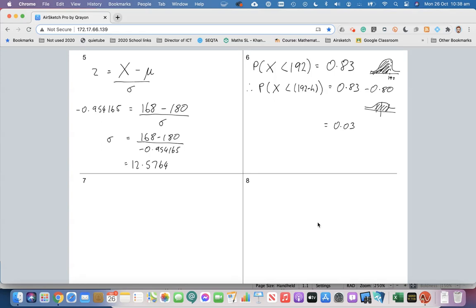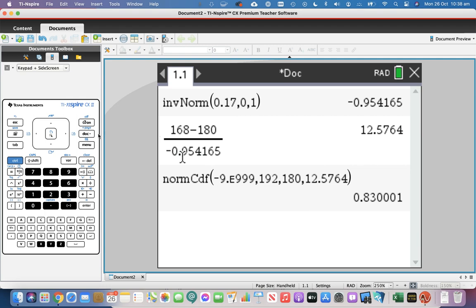All right, now that we've got the fact that that very tiny area here is just 3%, 0.03, we can now use that to work out what 192 minus h is. I'll do that on slide 7. So therefore, 192 minus h is equal to what? Well, again, back to the calculator.